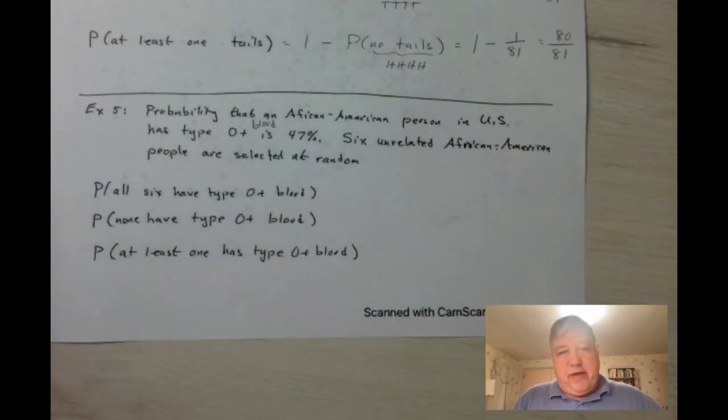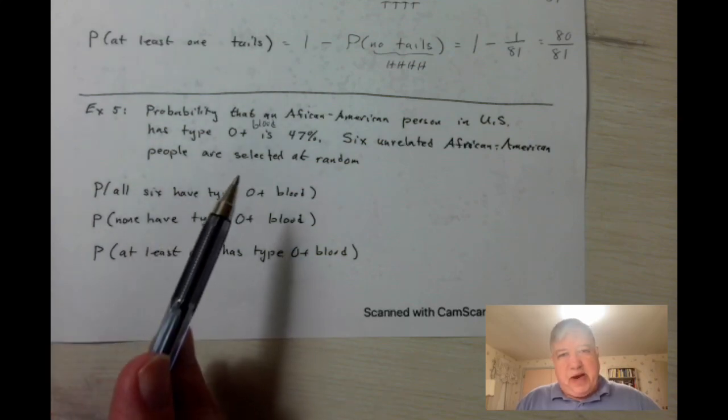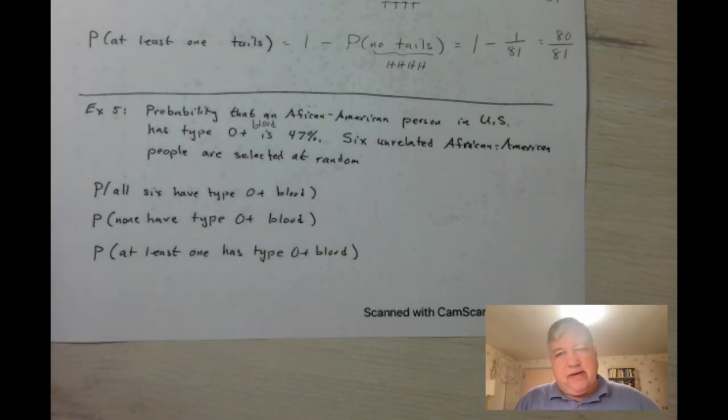Well, you want to think about this as picking someone at random and asking them, do you have type O positive blood? It's kind of like flipping a coin where the probability of heads is 47%. And you're basically taking that coin and flipping it 6 times. So that's one way you can look at this.